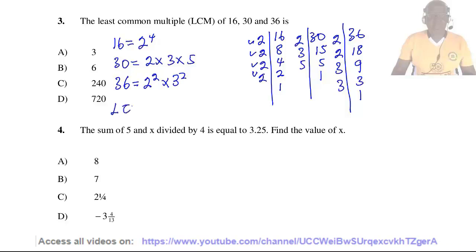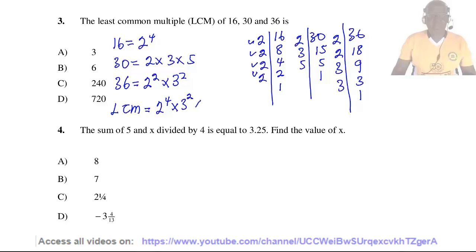Now for the LCM, we shall consider the individual prime factors and take the highest power among the three numbers. For 2, the highest power is 2 to the power 4. For 3, the highest power is 3 squared.